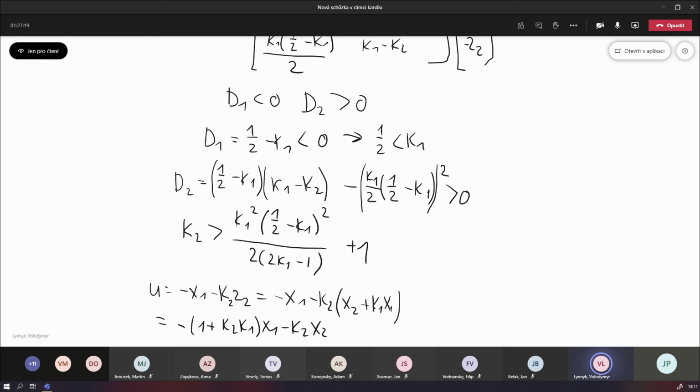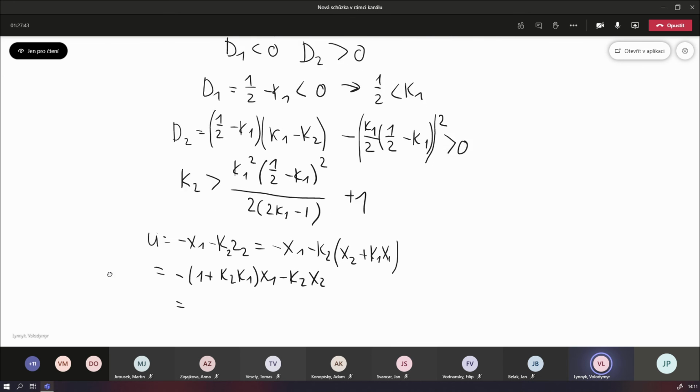Okay, and we need to choose some k1. For example, k1 equal to 1.